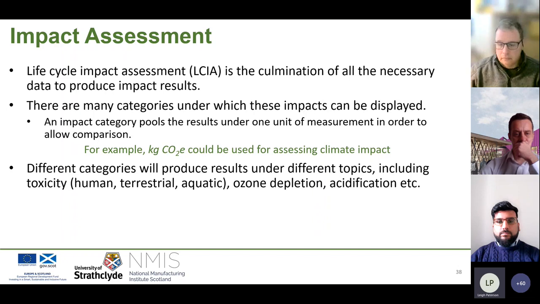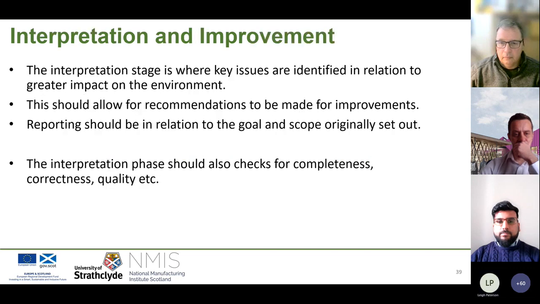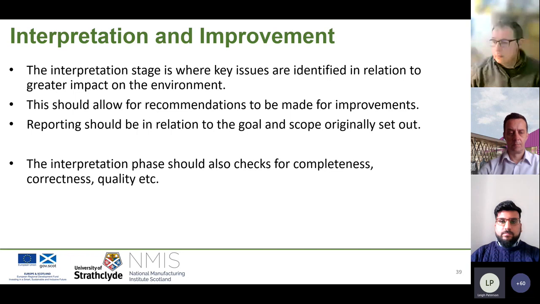So at this stage, you'll be carrying out the actual assessment, and then presenting those results essentially through the categories. Next slide, please. So the fourth and final stage is your interpretation and improvement. So interpretation is essentially where you try to identify any key issues.